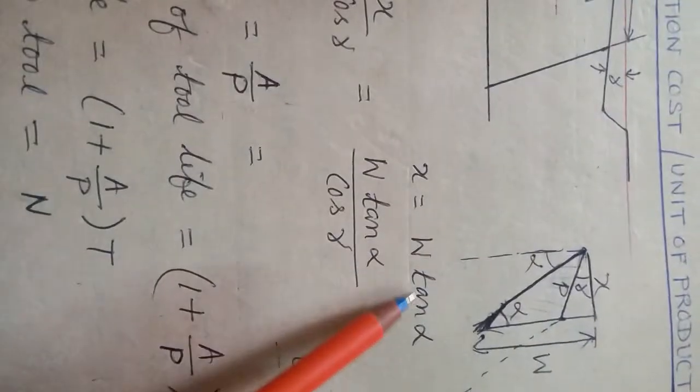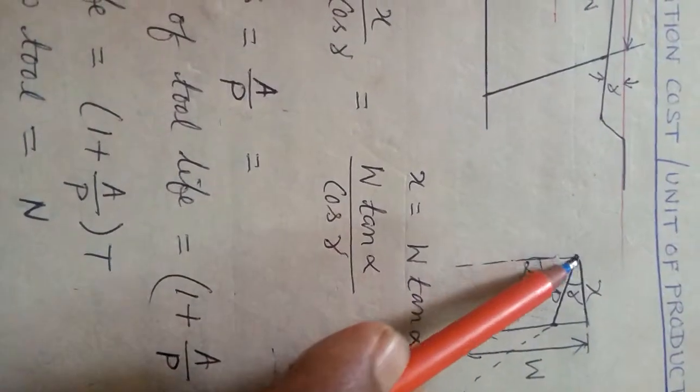From here, x is equal to W tan alpha. This is x.